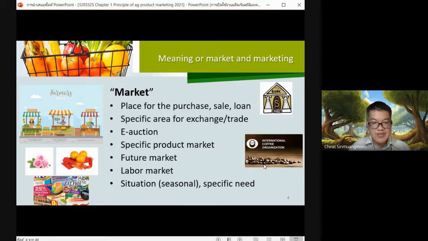Or sometimes market can be explained in terms of situation, season, or specific need, like the rose market, especially for Valentine's Day, or a specific need like the picture on the lower left corner, which is the healthy food market. This market is specifically for people who care about their health. So these are all definitions of the market.